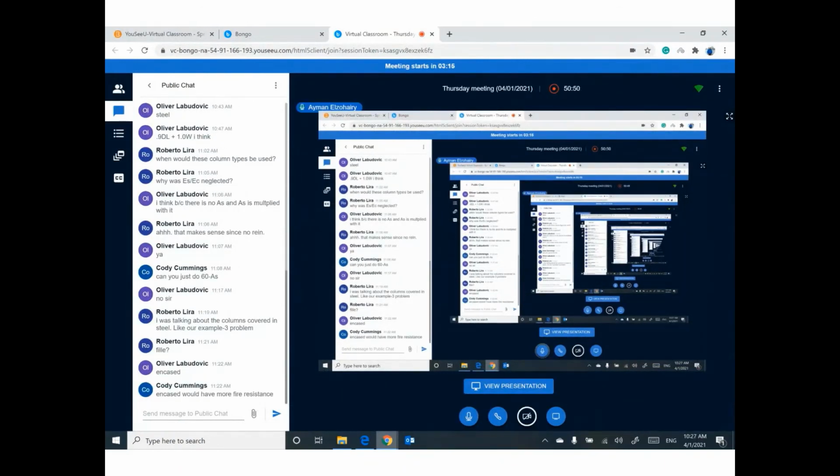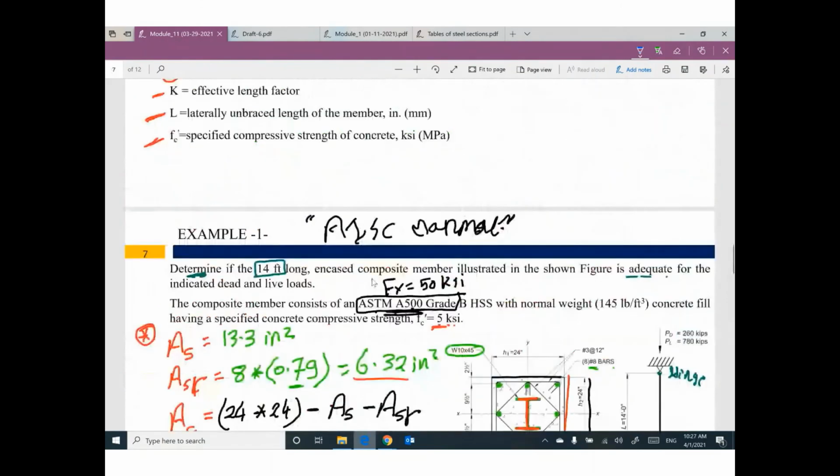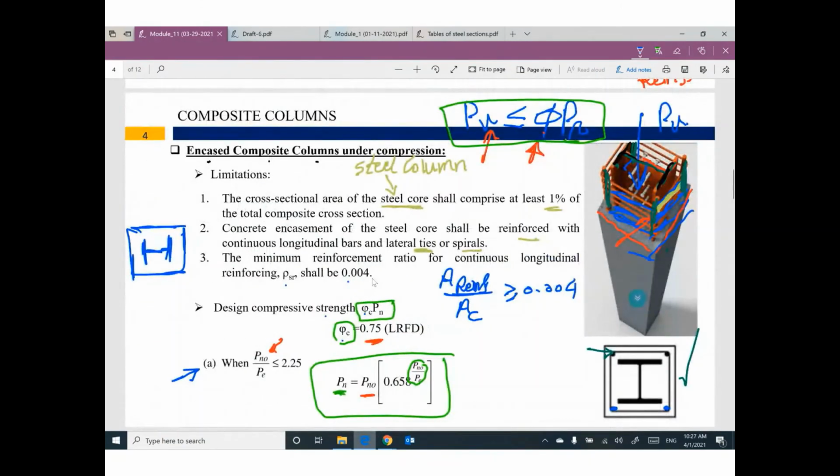Both of them have advantages and disadvantages. Okay, let me explain it. For a filled column, we don't need formwork. You have the tube, go ahead and fill it with concrete, that's all. But for an encased column, no, we need to construct formwork first around the column to fill it with concrete.